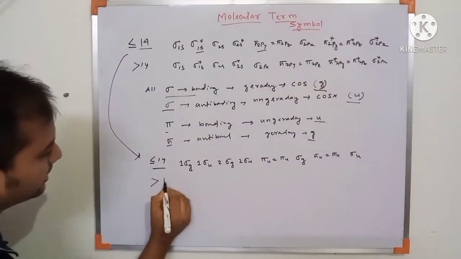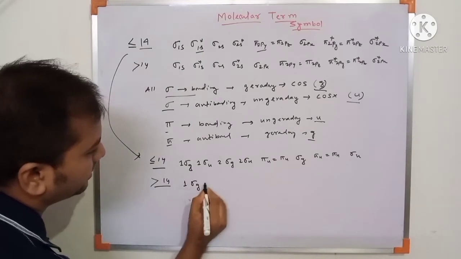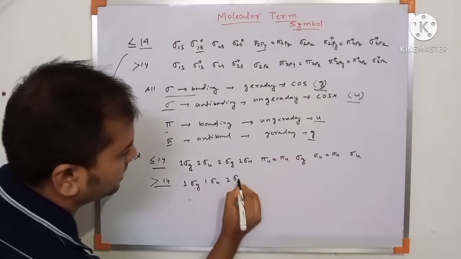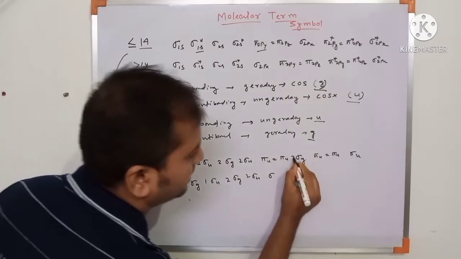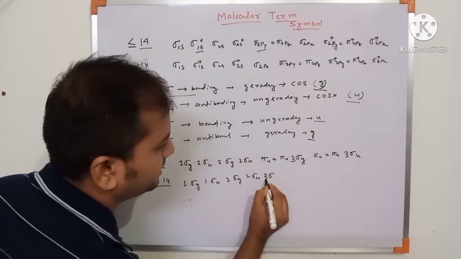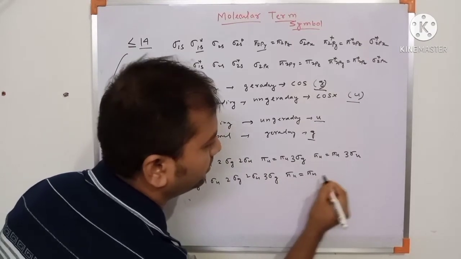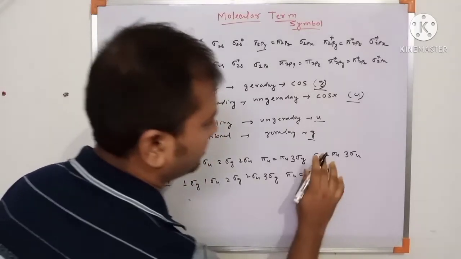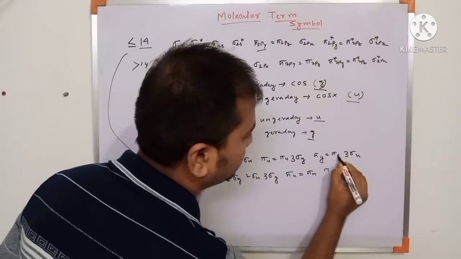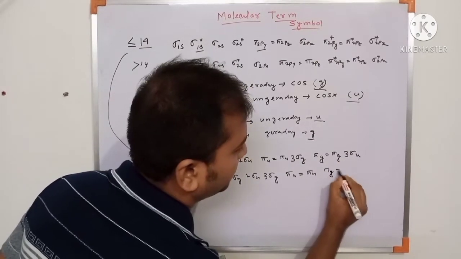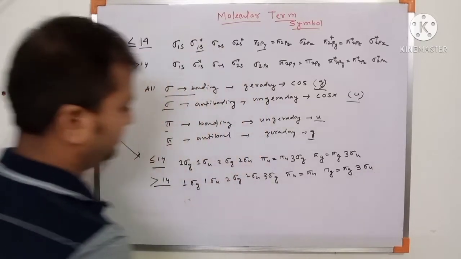And similarly for greater than 14: 1 sigma g, 1 sigma u, 2 sigma g, 2 sigma u, and 3 sigma g, and pi u equal to pi u, and pi, this is anti-bonding orbital, so this is g, so pi g equal to pi g, and this is 3 sigma u.